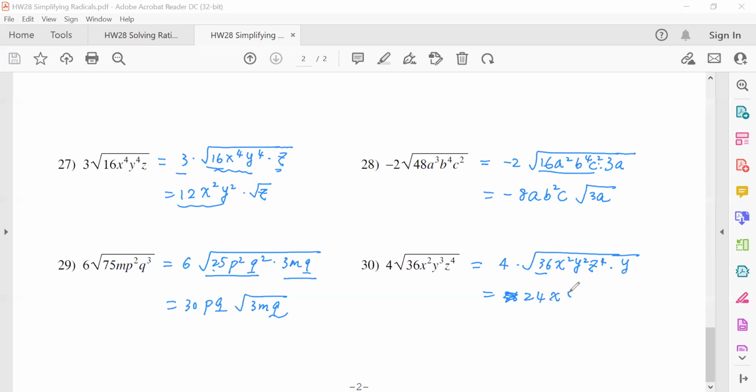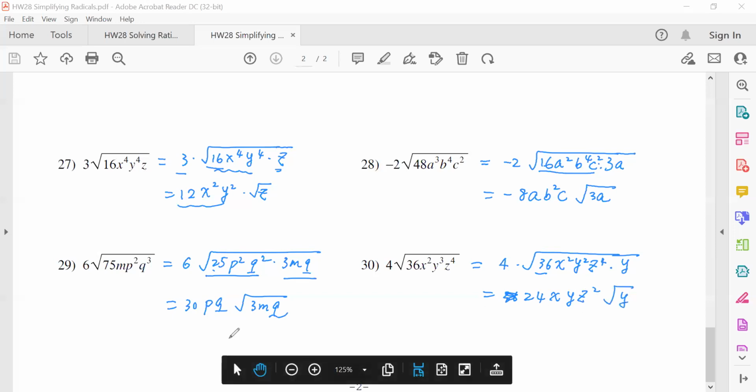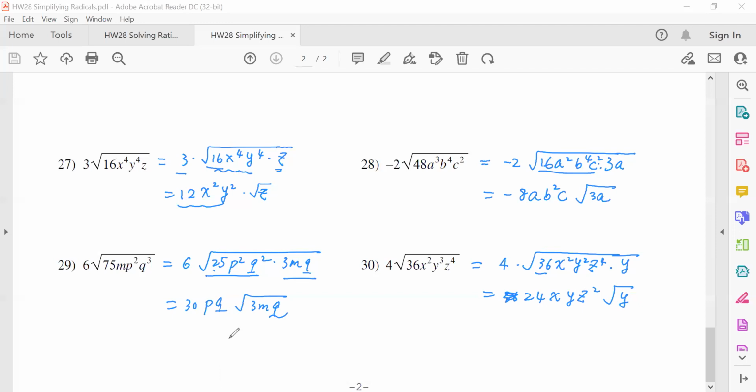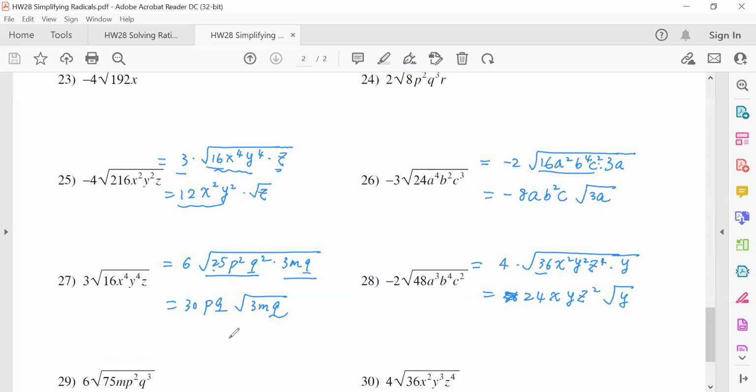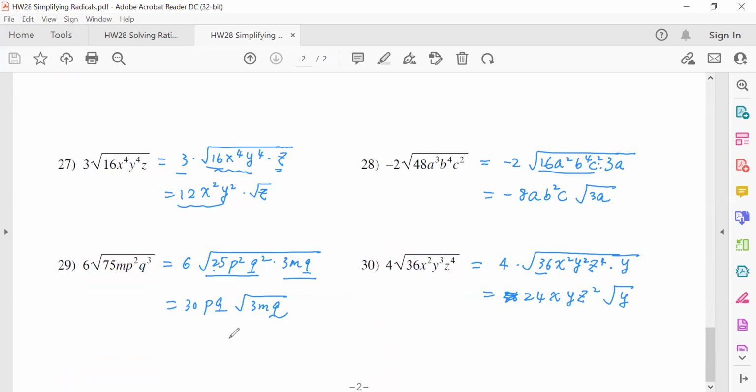So 24xyz square root y. All right. So we take some time to practice how to simplify the square root and make sure the square part can be taken out from under the square. Right? Okay. So our homework review part is done.